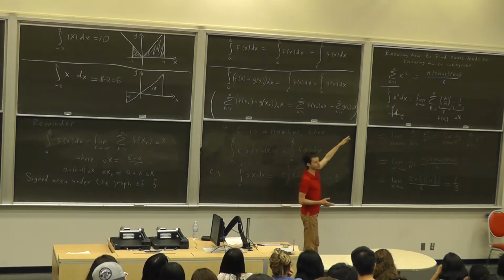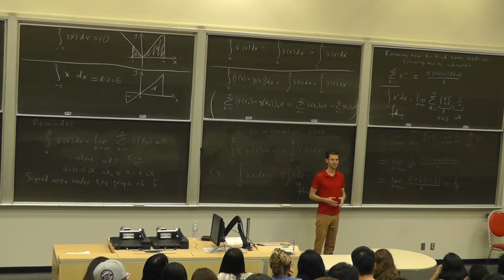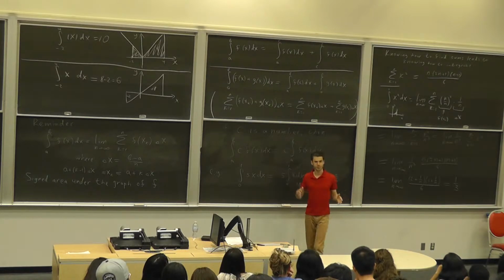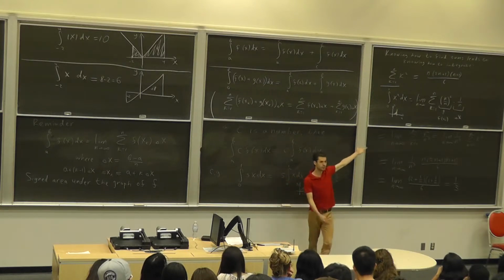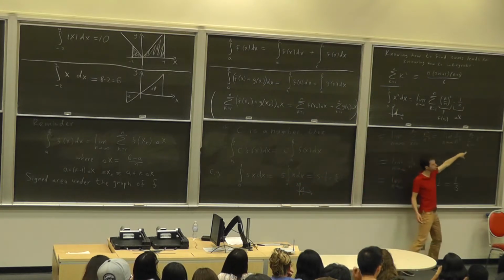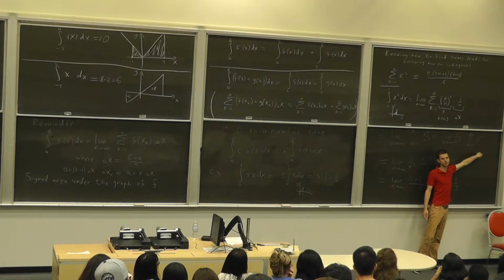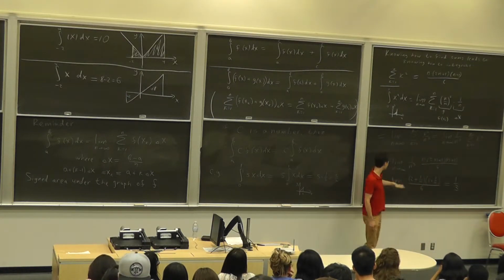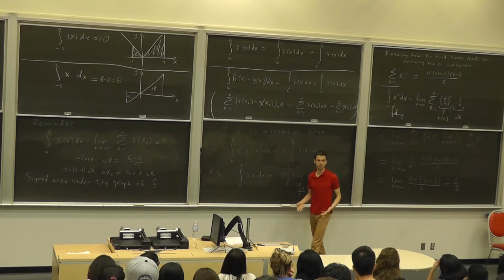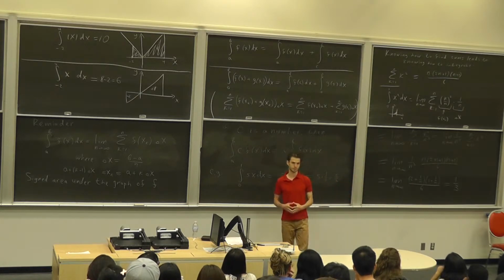If you want to find the sum of sine of k over n, it's going to be even more complicated. So the more complicated your function, the more complicated the sum that you will encounter, the more complicated will be the evaluation of the sum, and the integration is going to become a nightmare.